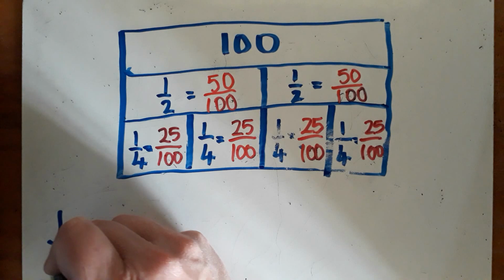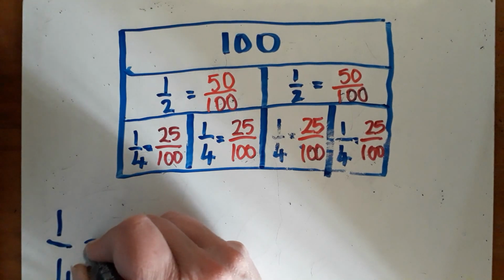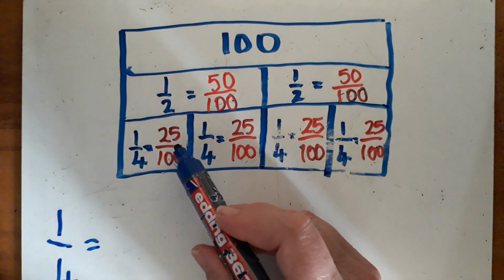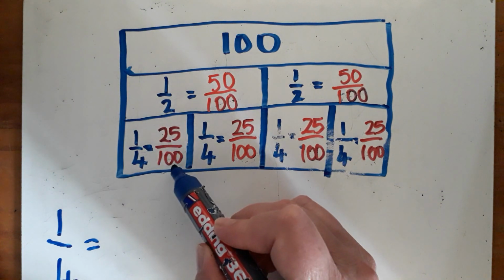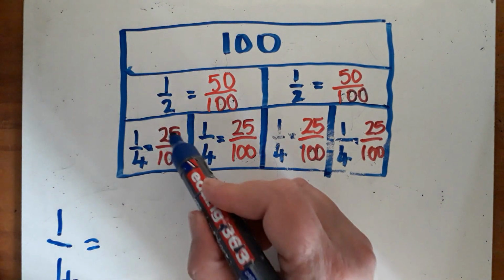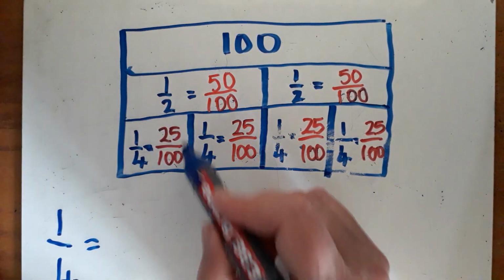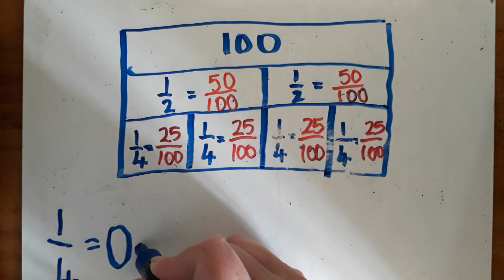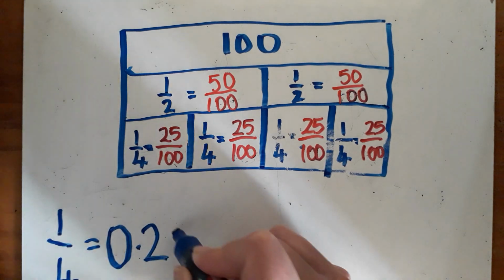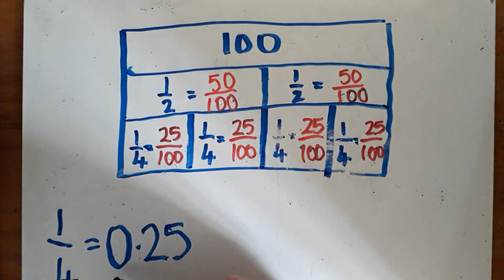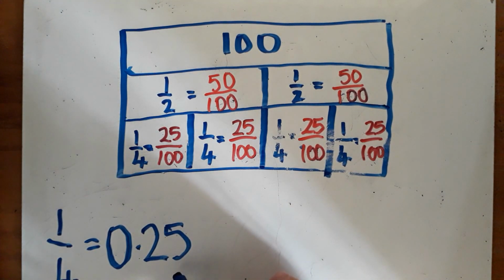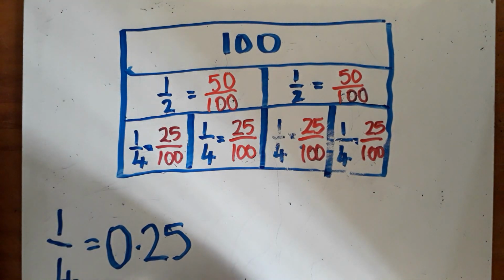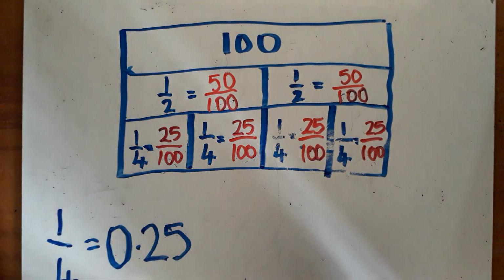So a quarter is the same as, and look at it written like this, 25 hundredths. So there are 0 whole ones and 25, 0.25. So there's our fraction decimal.